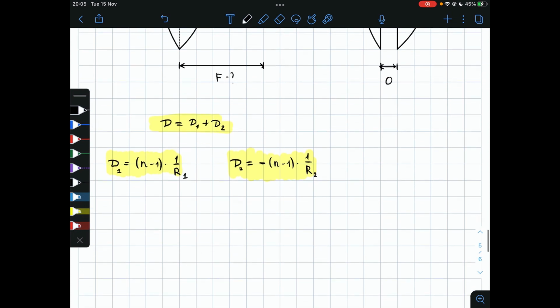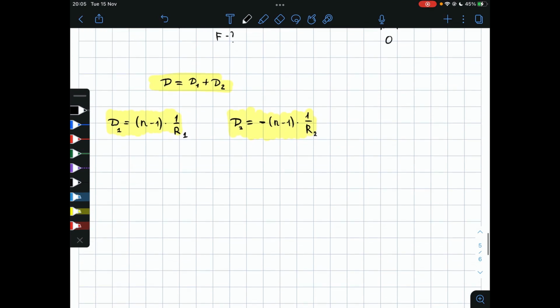Now let's add these two equations, D1 and D2. This one is our first equation, this one is our second equation. If we sum up these two equations, we will get the optic power of our lens. So D is going to be D1 plus D2.